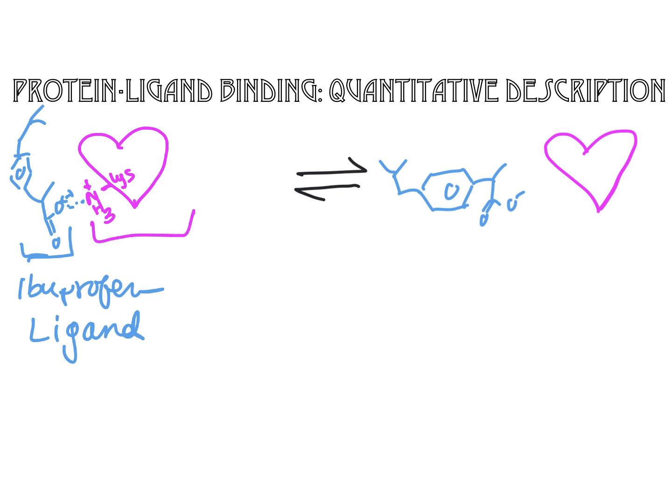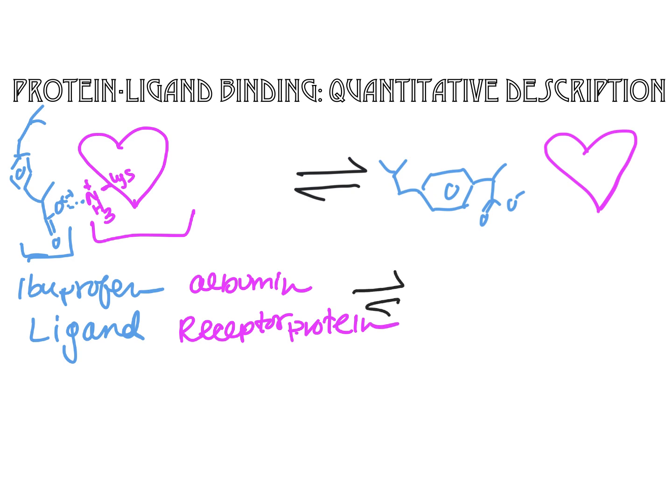And here, my pink one is the albumin, or in more broad terms, a receptor protein. Okay, and then I have that in equilibrium with my ligand as separate, plus a sign. My ligand is separate from my receptor.